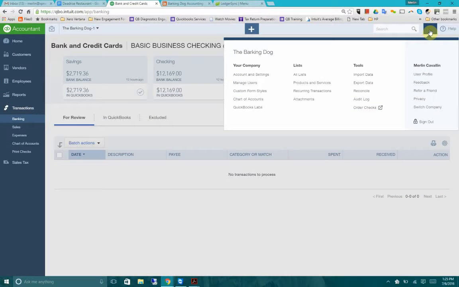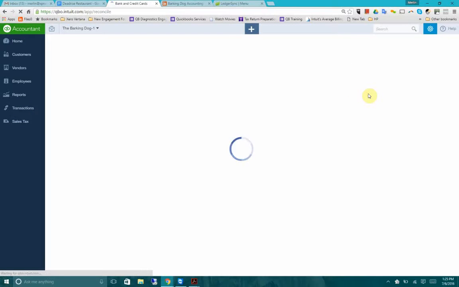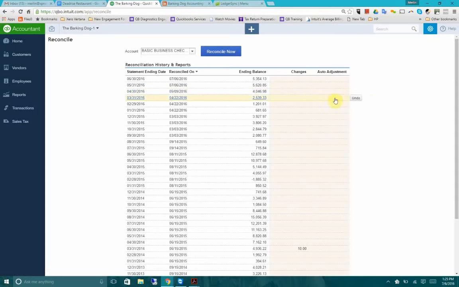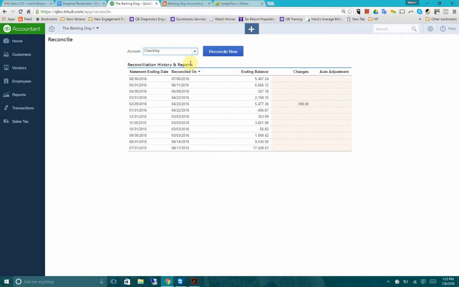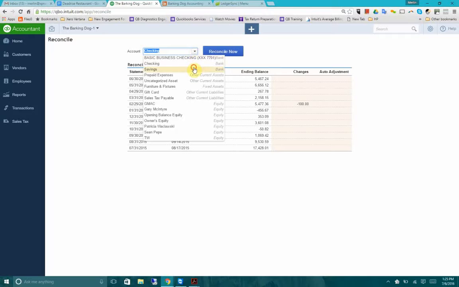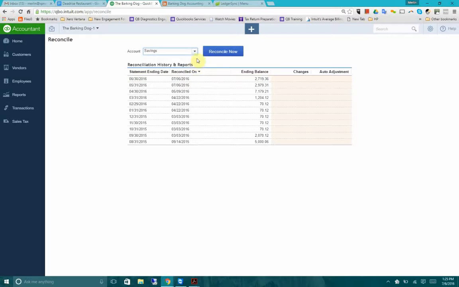So we go to the gear, reconcile, and we want to reconcile those accounts so I can see that the business checking was done today for June, that the checking account was done today for June, and a savings account was done today for June.